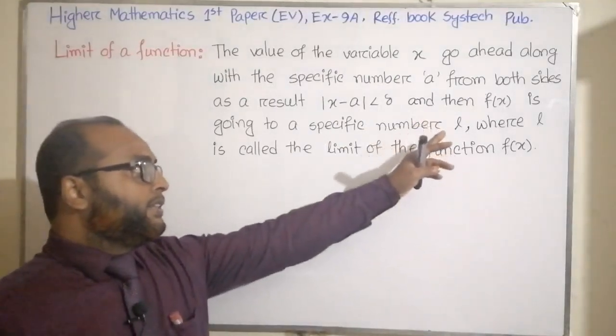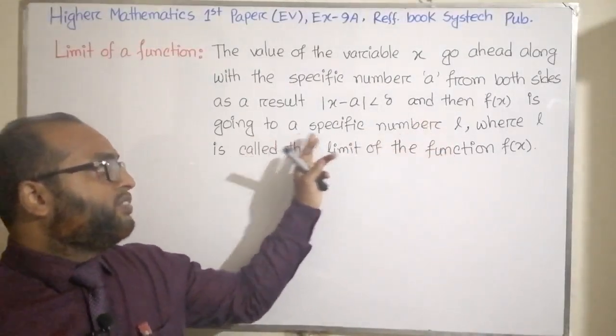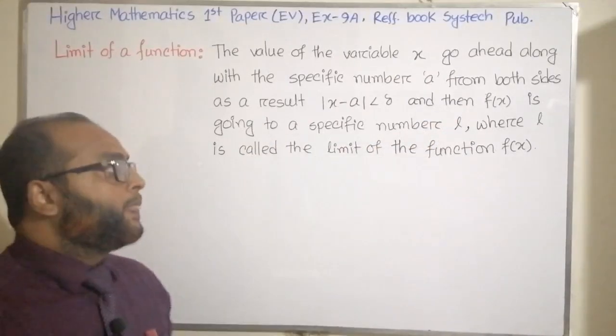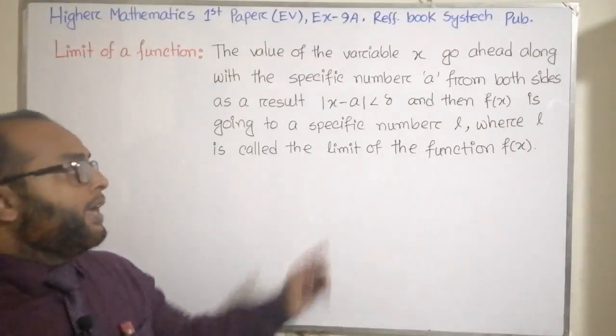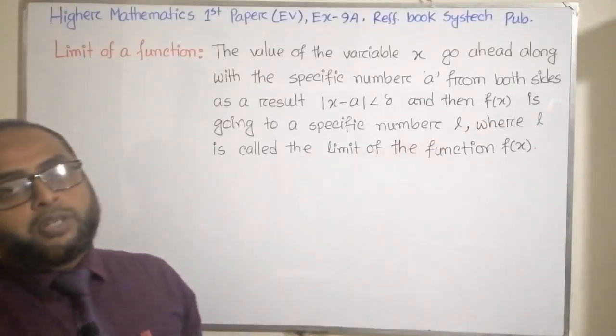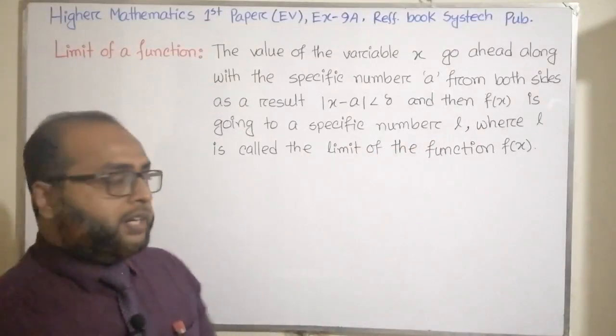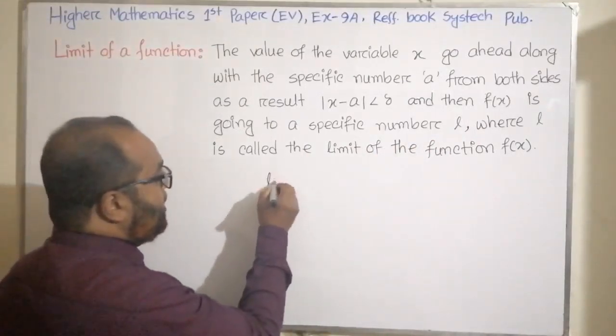As a result, the value of the function is L. Then we say that L is the limit of the function f of x. Mathematically, we can write this limit.